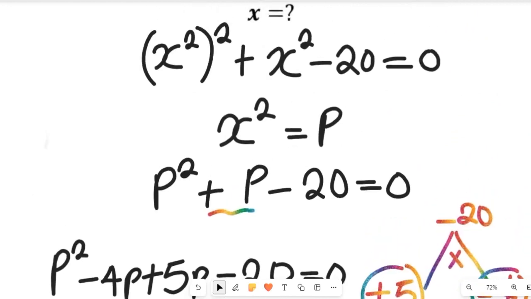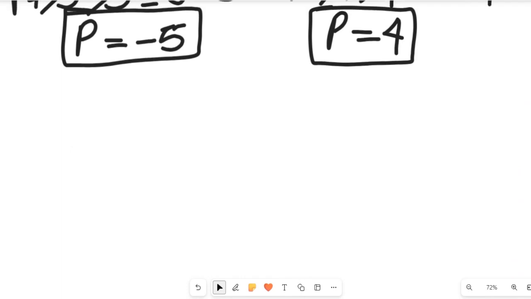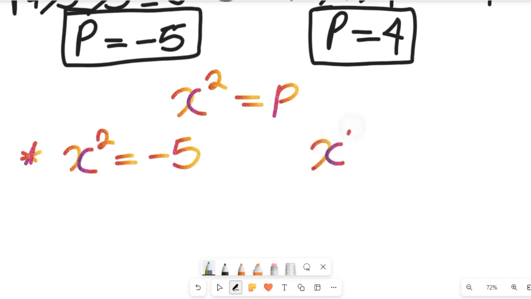Now recall that we said x squared is equal to p, and we are asked to find the value of x. From the first expression, x squared will be equal to -5, and from the other expression, x squared is equal to 4. So let's simplify these two expressions.